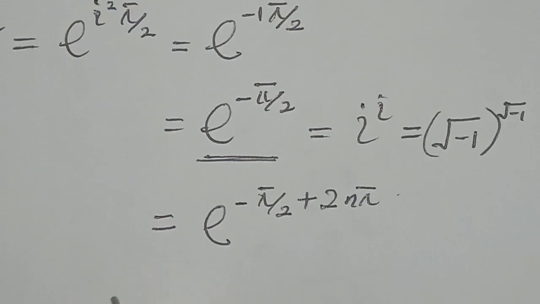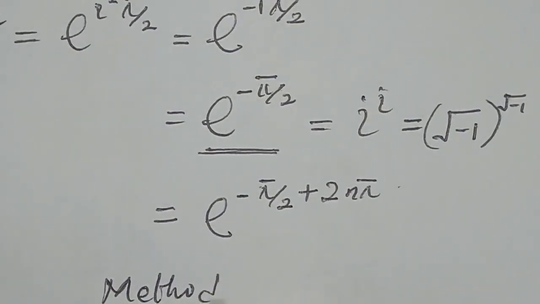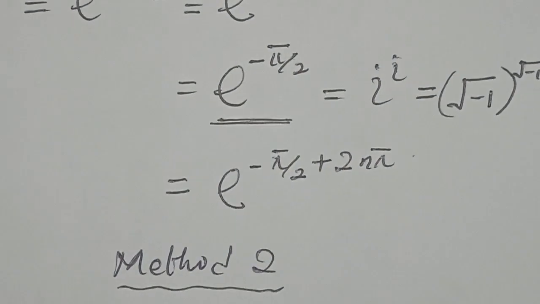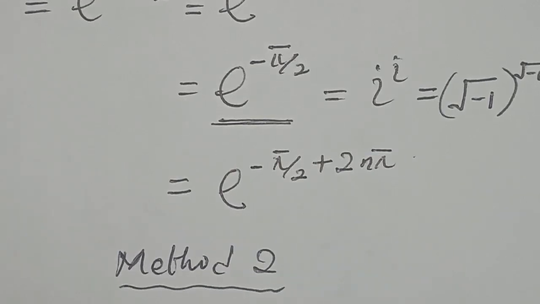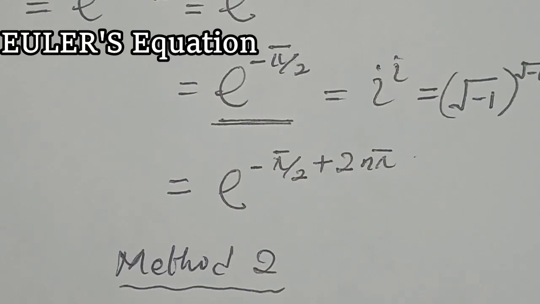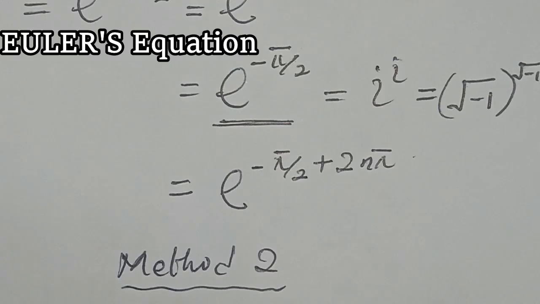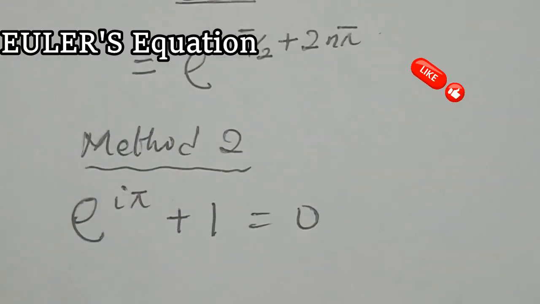Let's approach this problem with another method. In this method 2, we are going to use our popular known Euler's formula, which is Euler's equation, which implies e to the power of i pi plus 1 is given by 0.